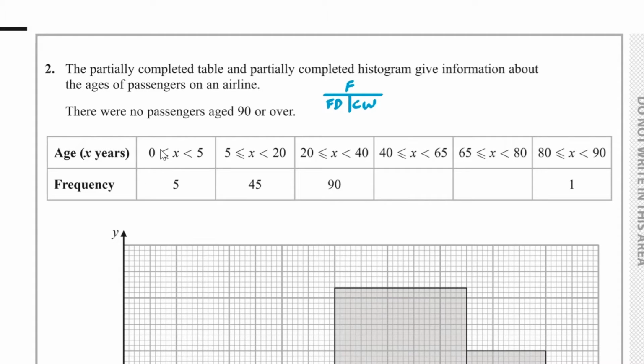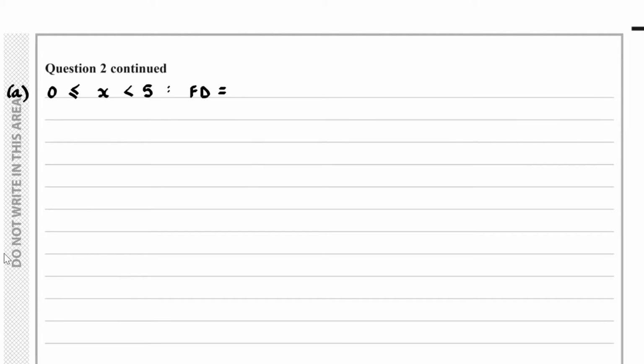So for part A, if I focus on the interval 0 to 5, frequency density is equal to 5 divided by 5, which is 1.